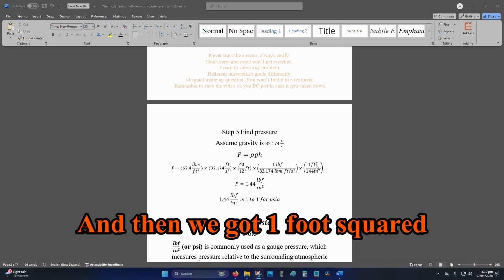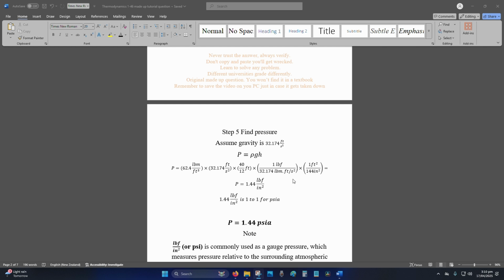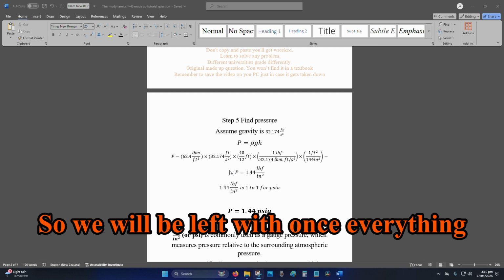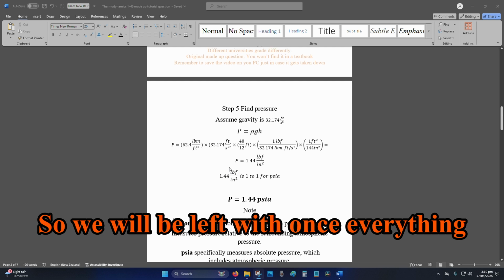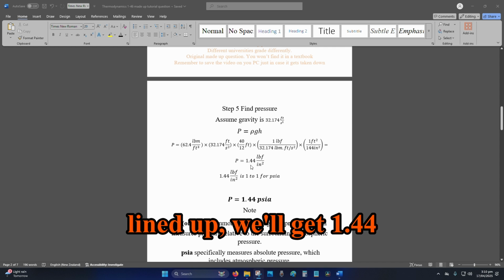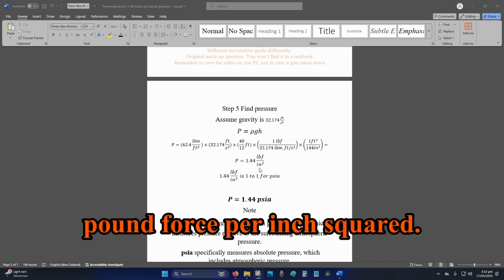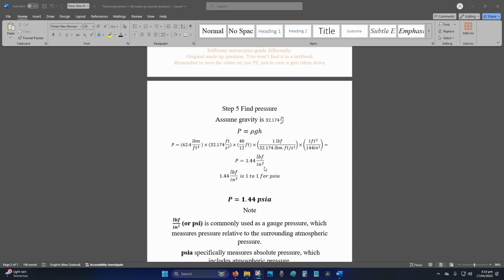And then we got 1 foot squared divided by 144 inch squared. Okay, so we will be left with, once everything cancels out and the units are lined up, we'll get 1.44 pound force per inch squared.